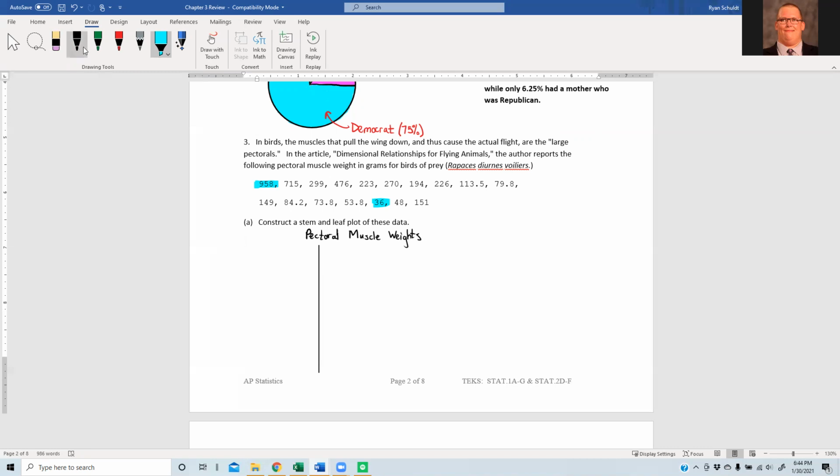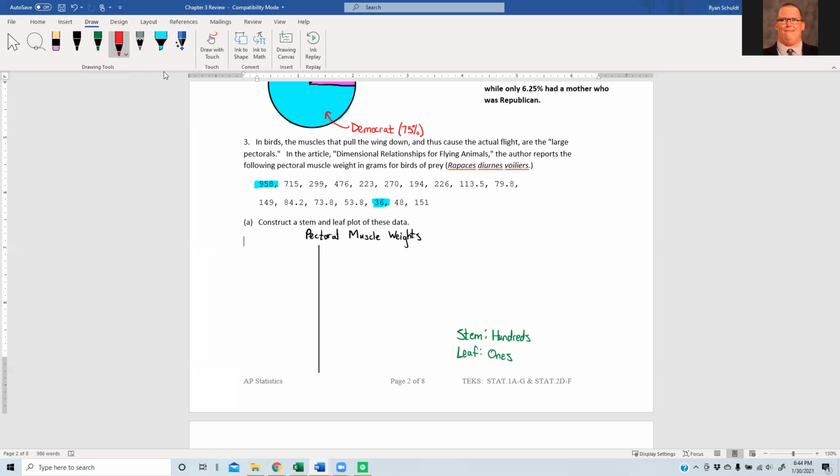So our stem, we create our keys, I guess right here, stem. Our stem is going to be the hundreds place. Our leaf will be the ones. Now this is one version of the key.